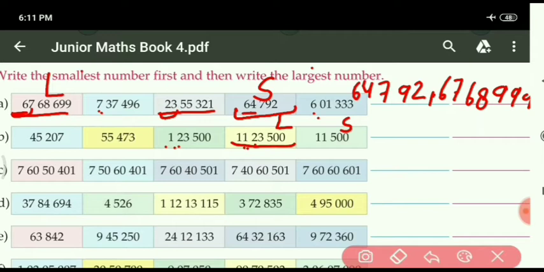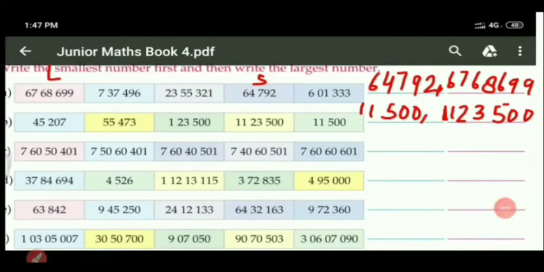Okay. And write the numbers also. Firstly we have to write the smallest number, no? So here write 11,500. Okay. Next, the largest number, 11,23,500.